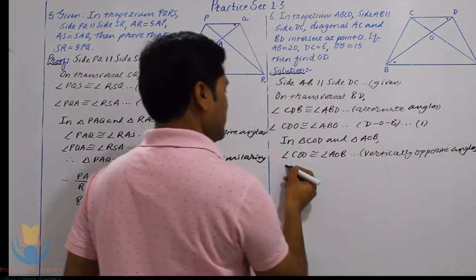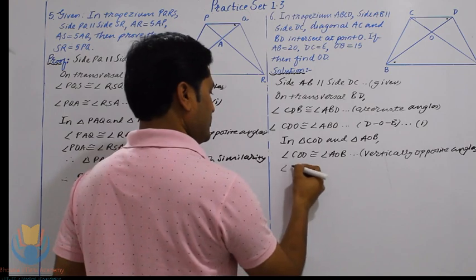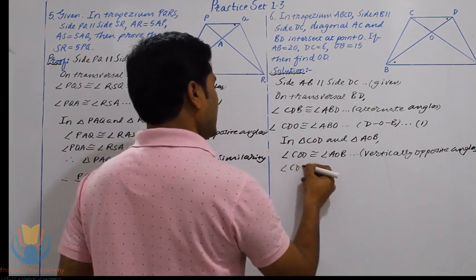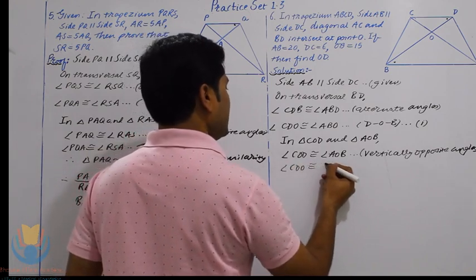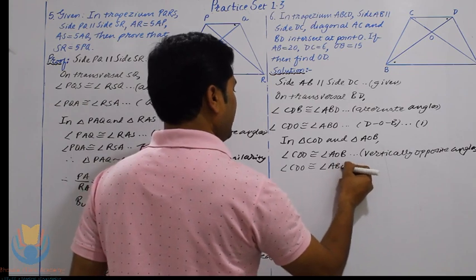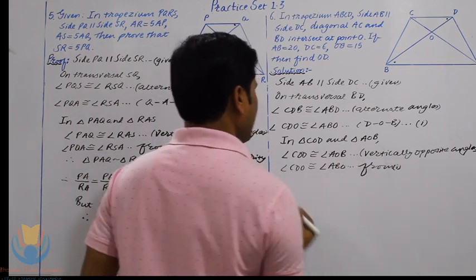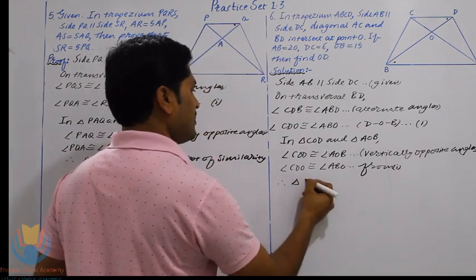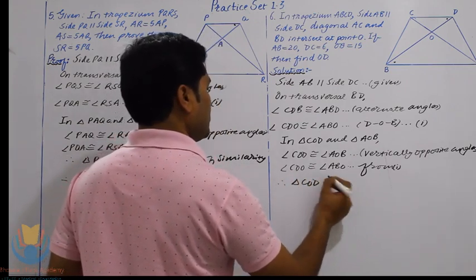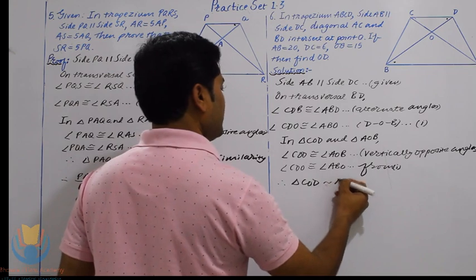And the second pair of angles will be from equation first, that we will copy as it is. Angle CDO is congruent to angle ABO. So this is from first. Therefore those two triangles are now similar by the AA test of similarity.